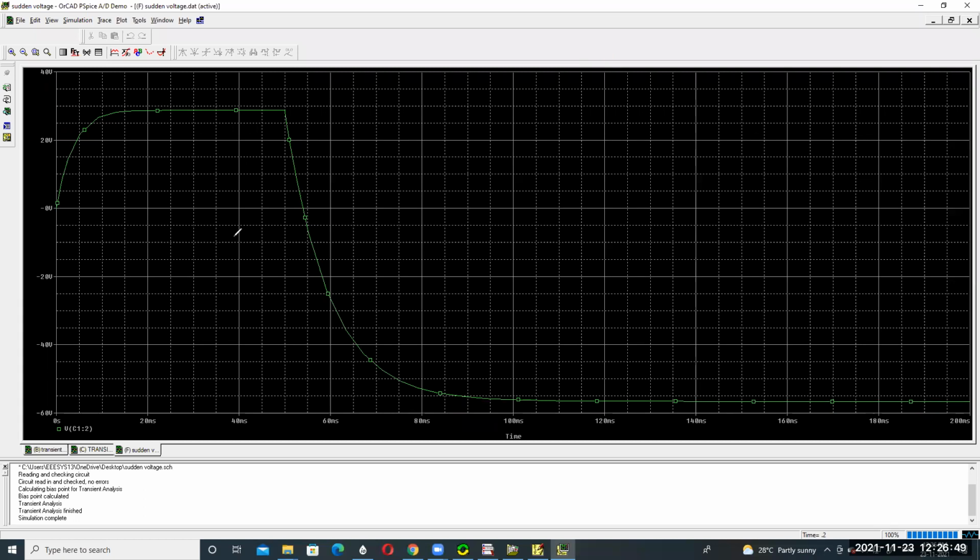In this way, this is exponentially decreasing, and the initial voltage across the capacitor is 30 volts.